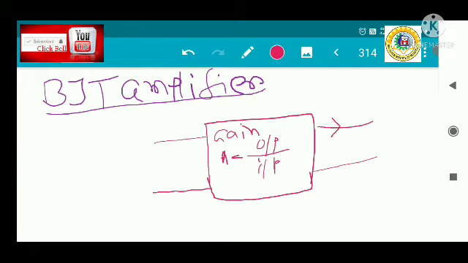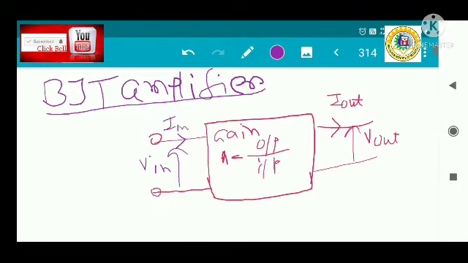This is the output section. Current is I out and voltage is V out. Here is the input section of the amplifier, where the current is I in and the voltage is V in.